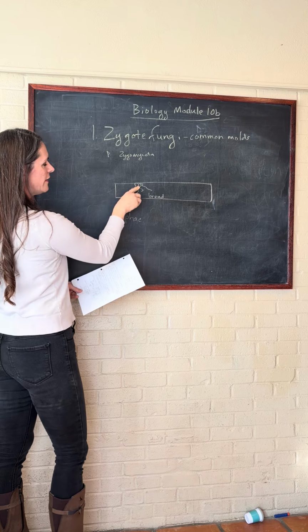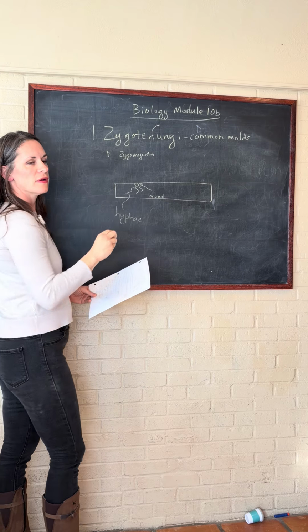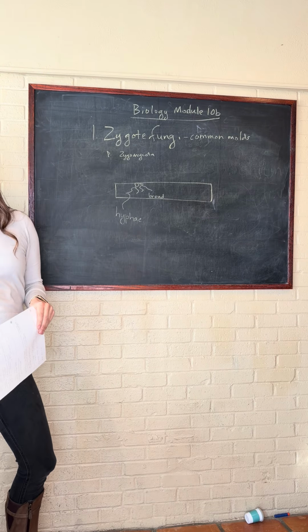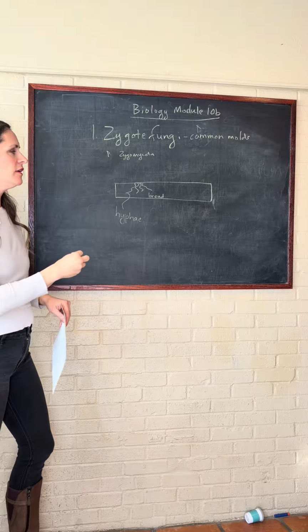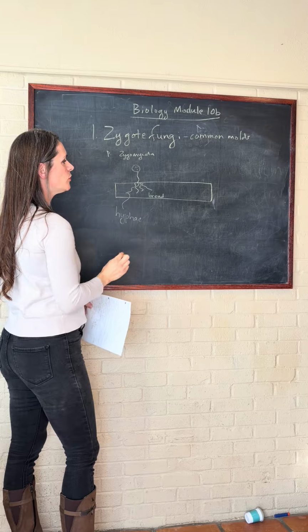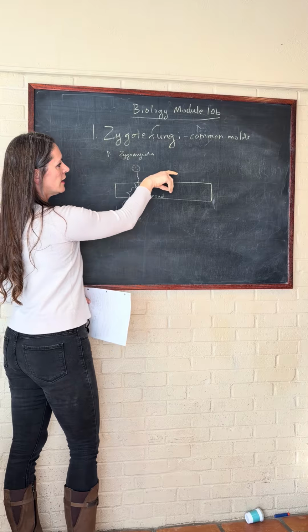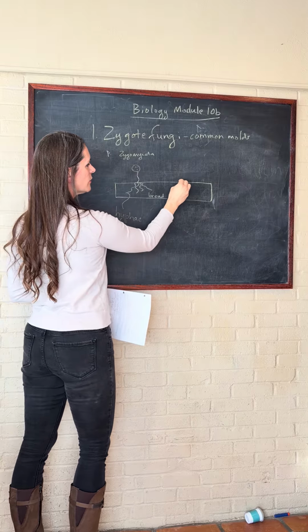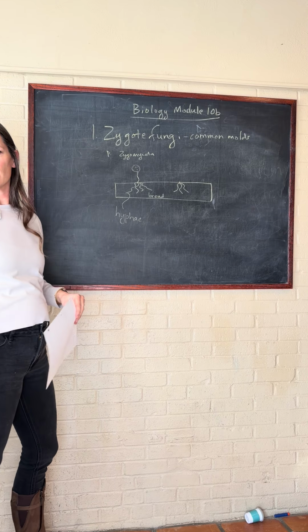Now, when this is ready to propagate itself and reproduce and send out a new colony of mold, it will form a fruiting body that forms spores, and that spore can go and replant itself somewhere else on the bread and form its own mycelium over there.